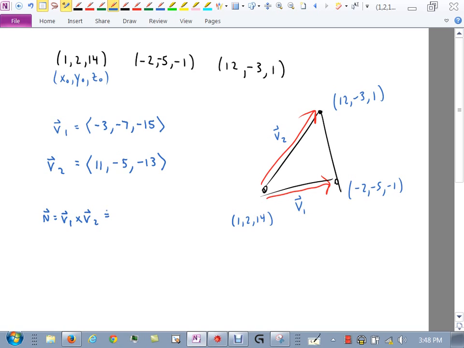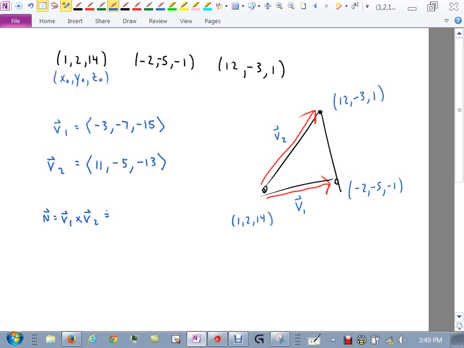Vector operations, cross product. And then you put in, let me mess with it first because I don't remember the syntax on this. Okay, I got it. I'll leave it on the screen so you can see how I did it.